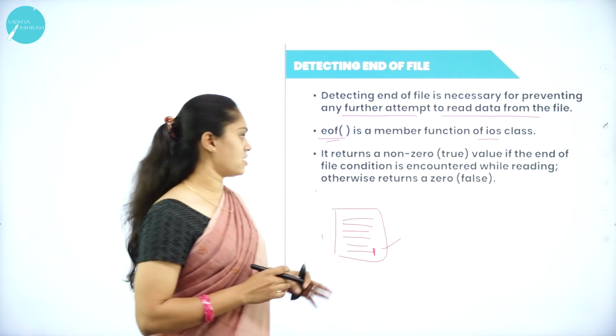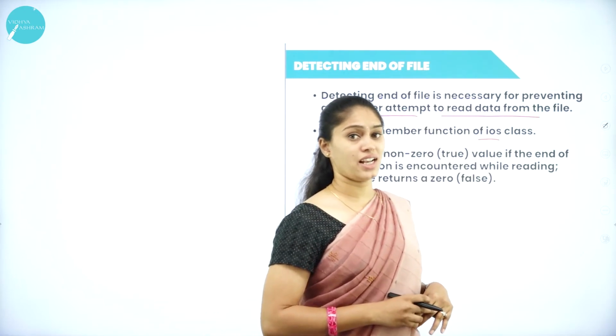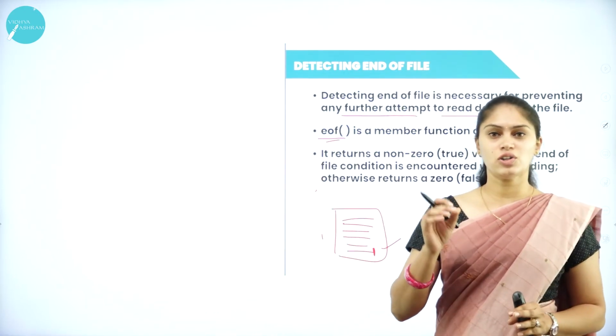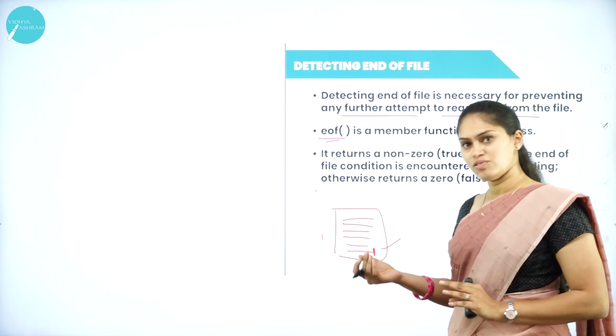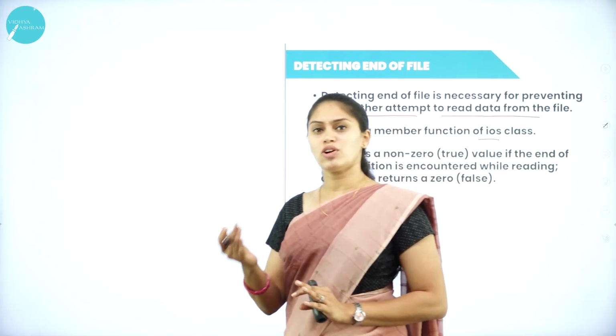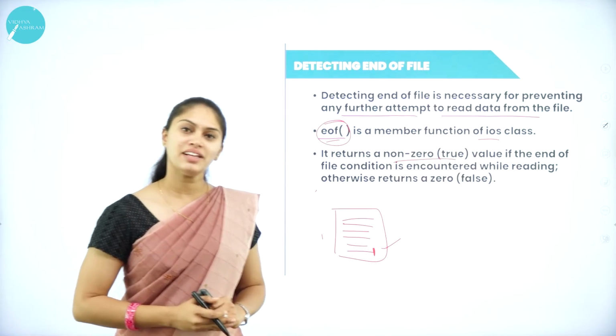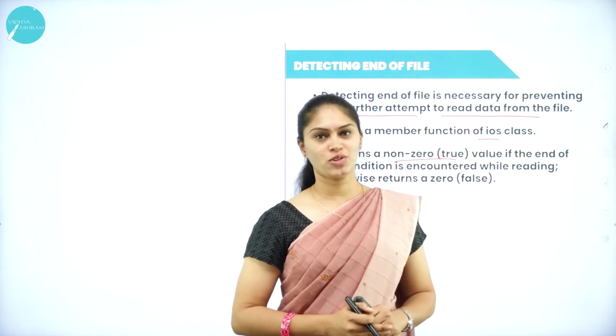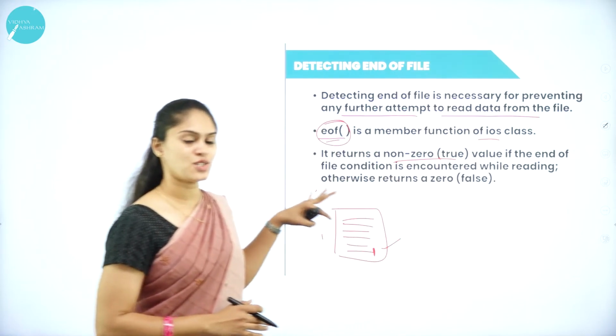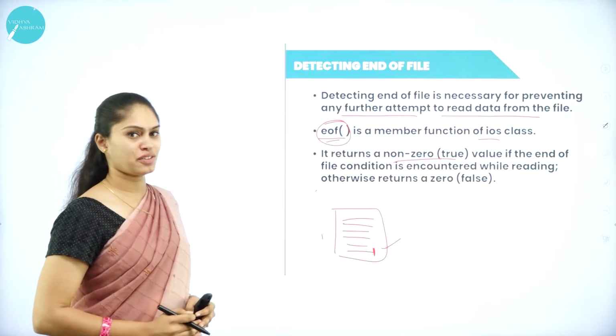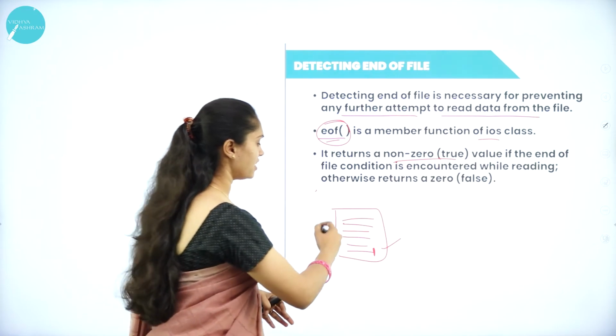So why do I require this EOF function? It is mainly used to recognize the end of a file. If I know the end of a file, I am not going to read any content from there. So how will this EOF member function work? It helps us understand we are at the end of a file.